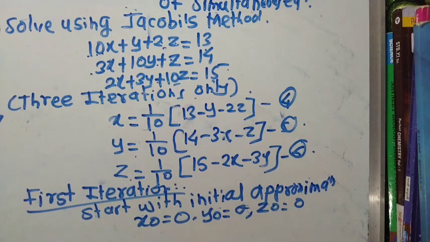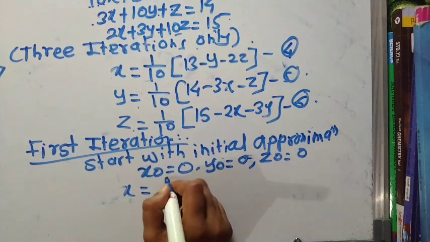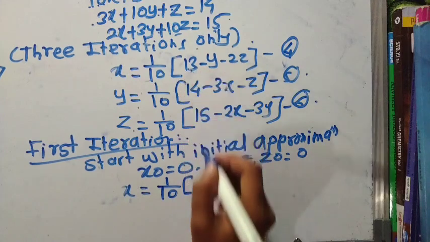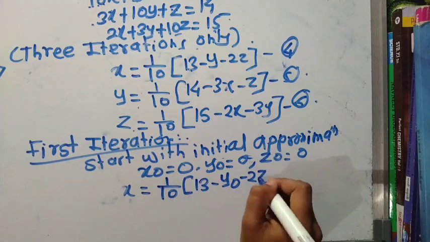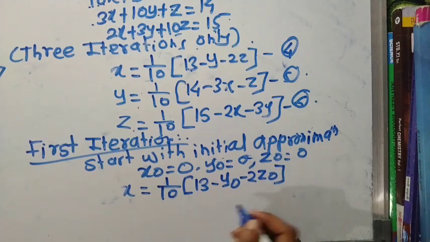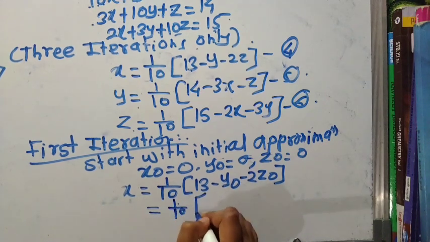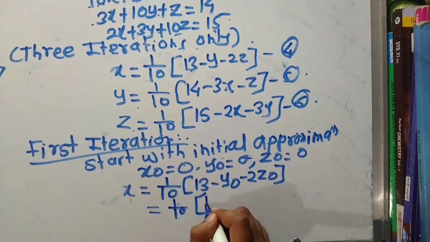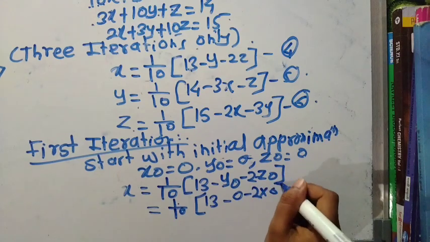So for the first iteration, x is equal to 1 divided by 10 (13 minus y0 minus 2z0), which is equal to 1 divided by 10 (13 minus 0 minus 0).